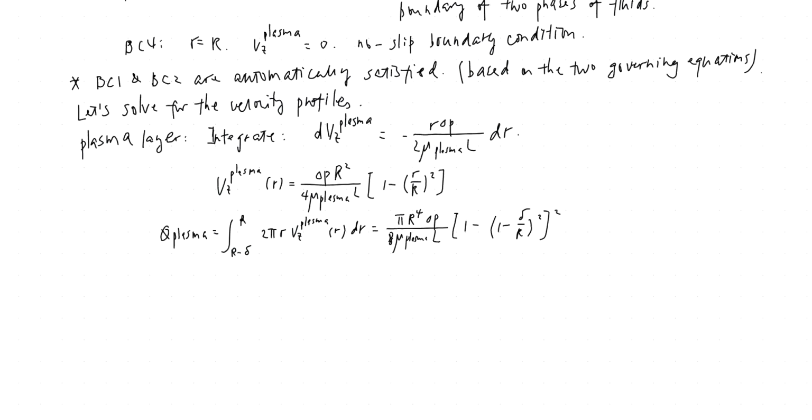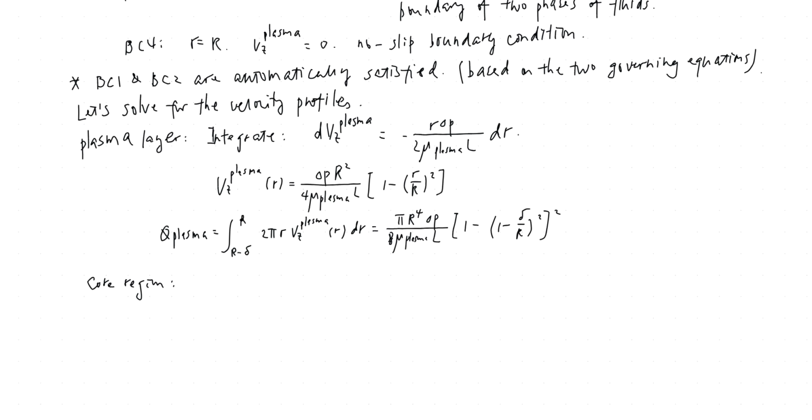And so we have solved the velocity profile and the volumetric flow rate along the plasma layer. Now let's find that in the core region. So we also integrate the equation for the core.